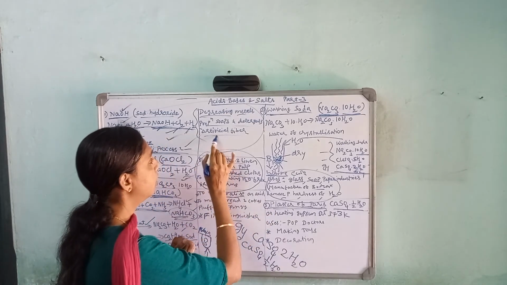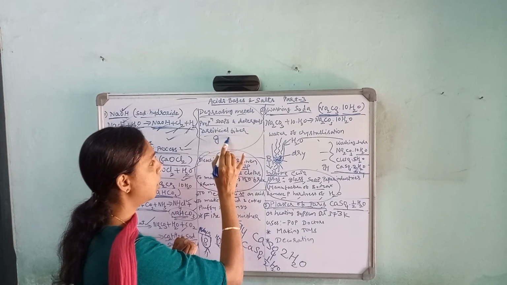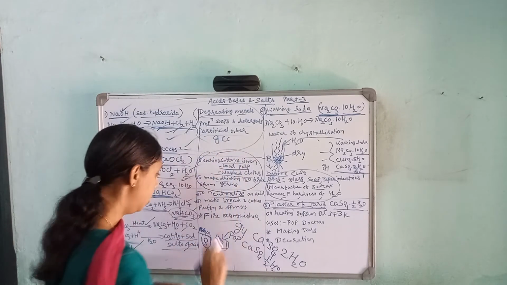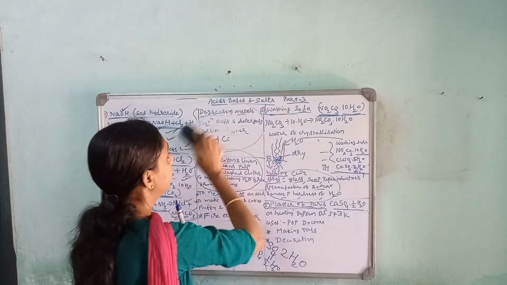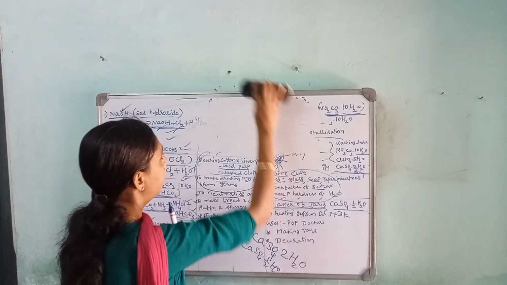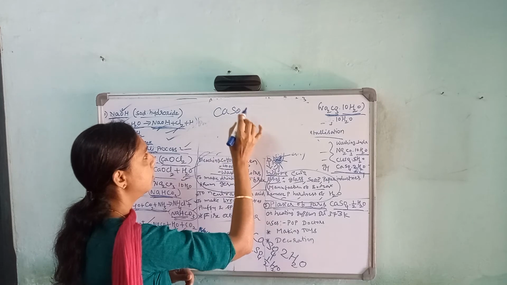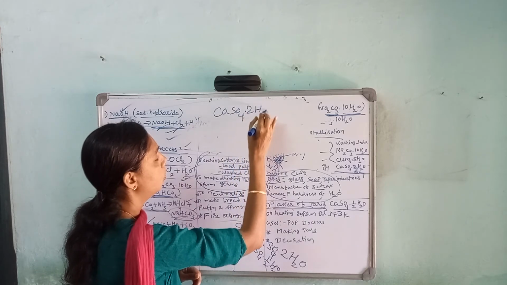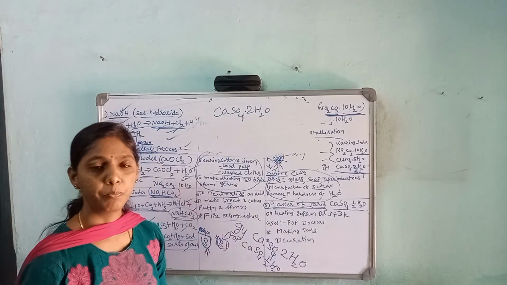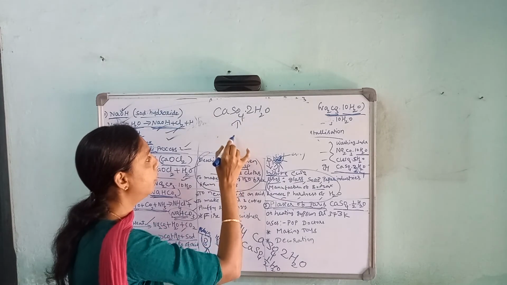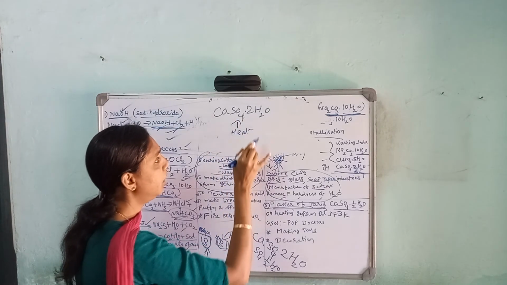I will write the preparation here. This is CaSO4 2H2O, this is gypsum. What will they do? They will heat this.